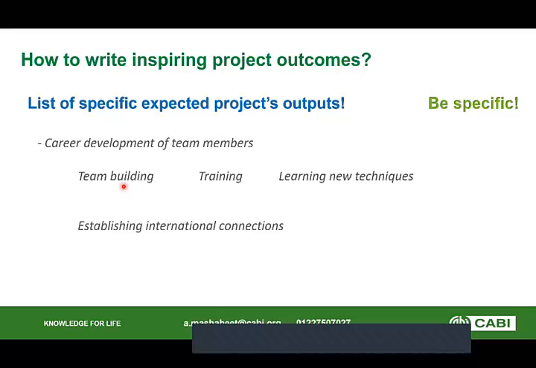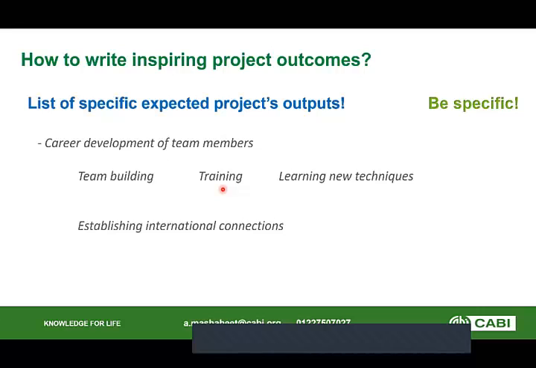If you are putting personnel together in one team for the first time, this is one of the good components that you should specify and list as a project output.